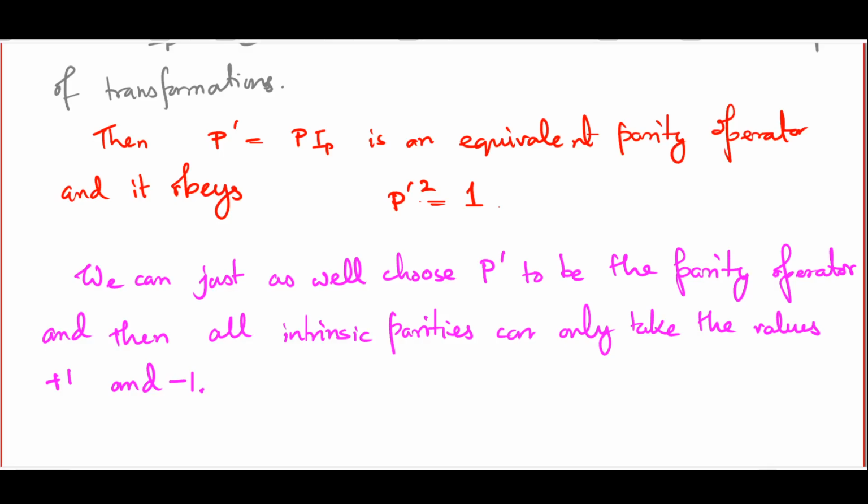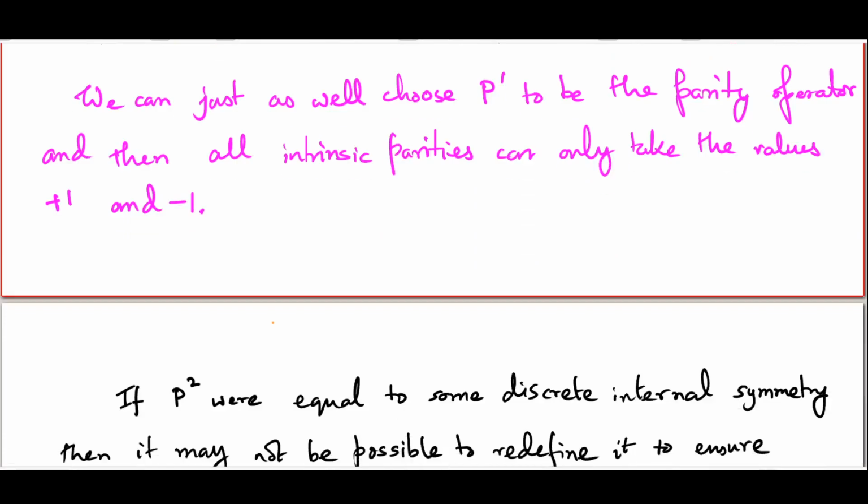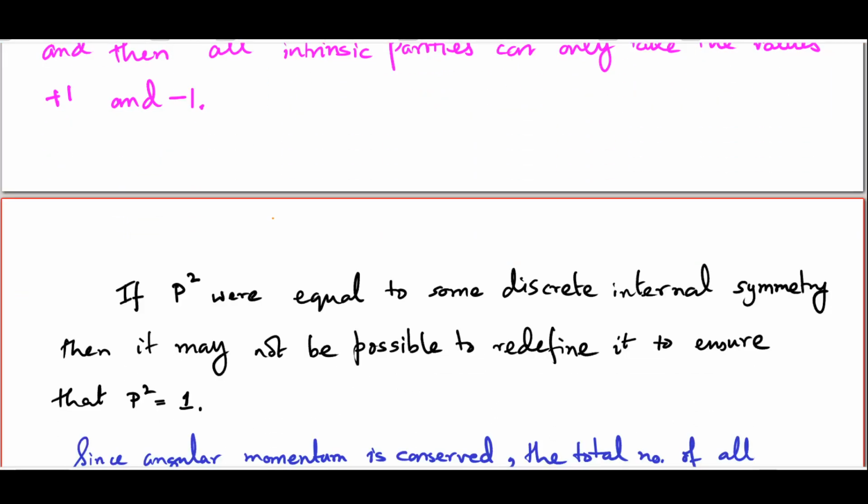Please note that as far as experimental evidence available today is concerned, this next thing that I am going to talk about is not necessarily what we observe in our daily world, but we could, in principle, have a situation like that. This concerns the possibility that P square, which as we have just seen, is an internal symmetry operation, is not part of a continuous group of symmetry operations, but it is equal to some discrete internal symmetry operation.